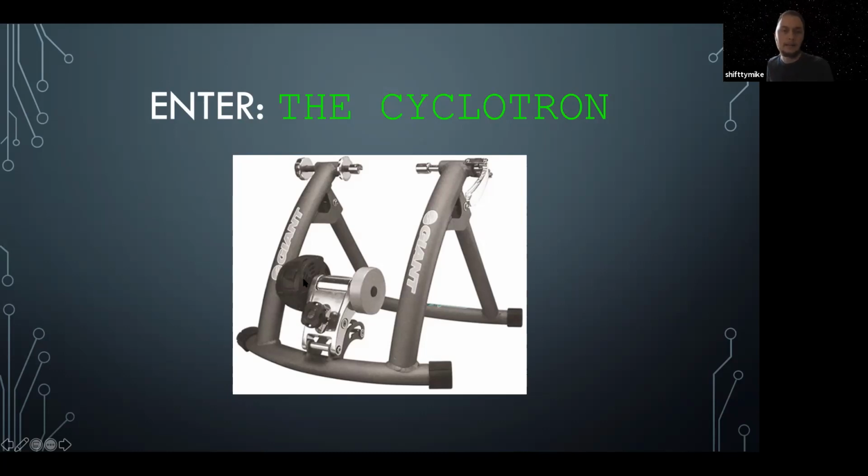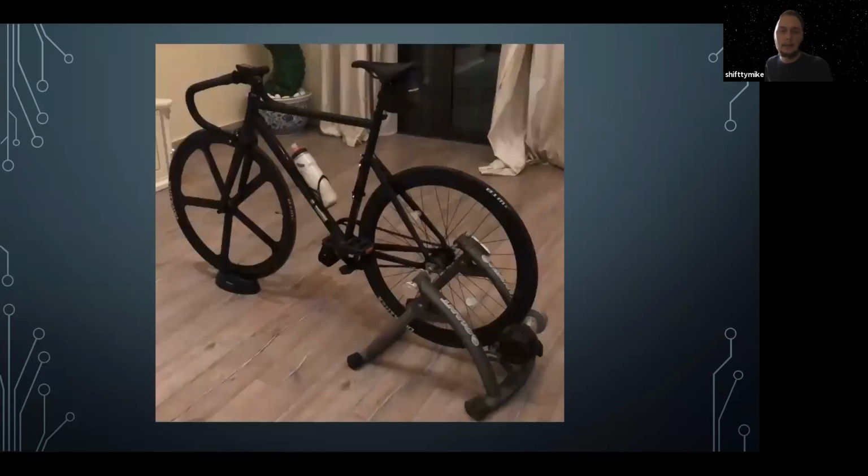And on the left hand side is an array of magnetic things which generate resistance, because if it could just spin and you didn't have the resistance, you wouldn't be doing exercise. And that's the whole idea. So that's the cyclotron. It's an indoor trainer. Lots of different companies make them, and that's how it works.